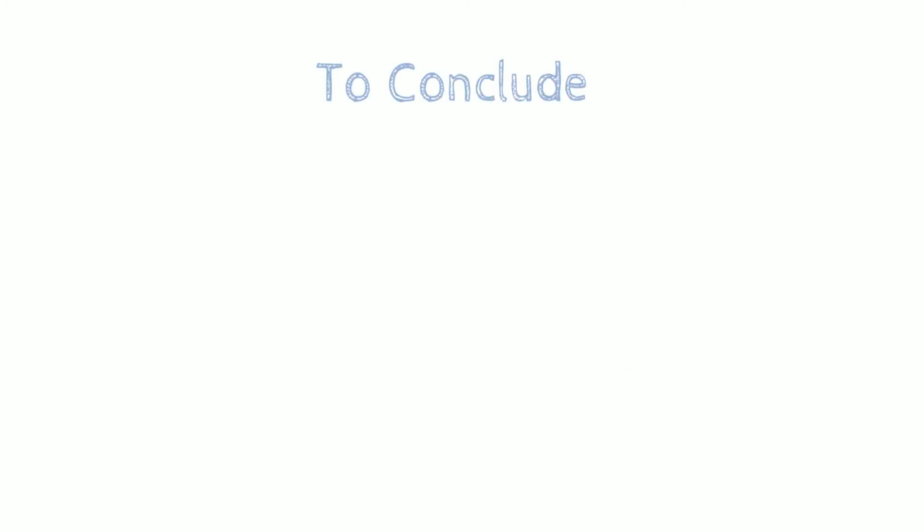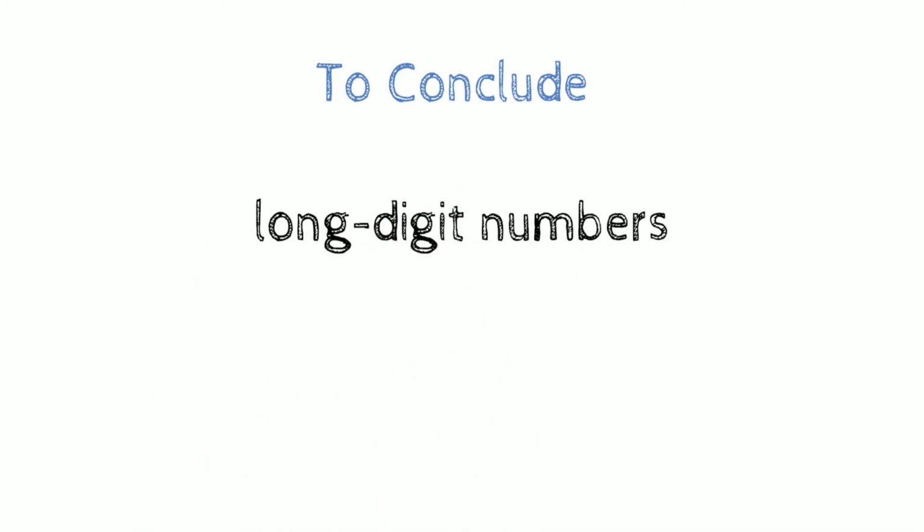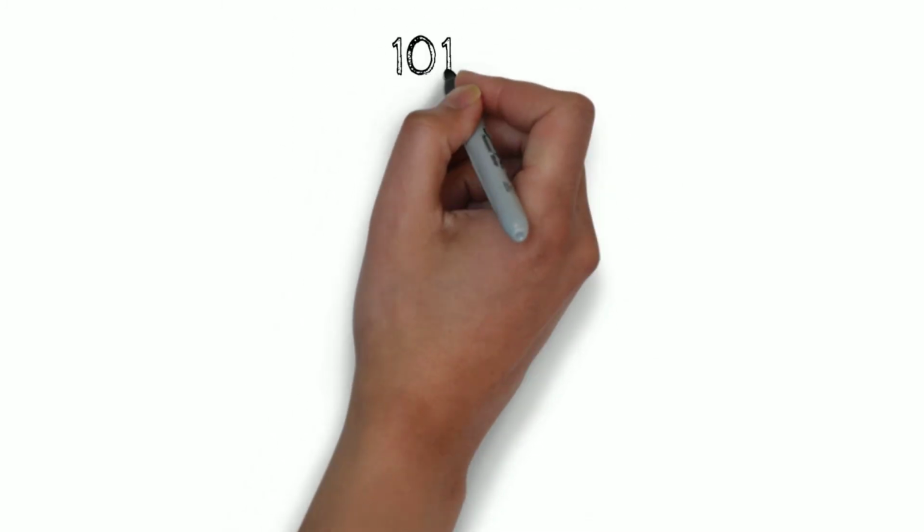To conclude, using mental pictures to memorize numbers pays off when you try to memorize long digit numbers like 4 numbers, for example. For example, have a look at this 6-digit number, 101,713. You can use the peg method and a silly story to easily memorize this number.